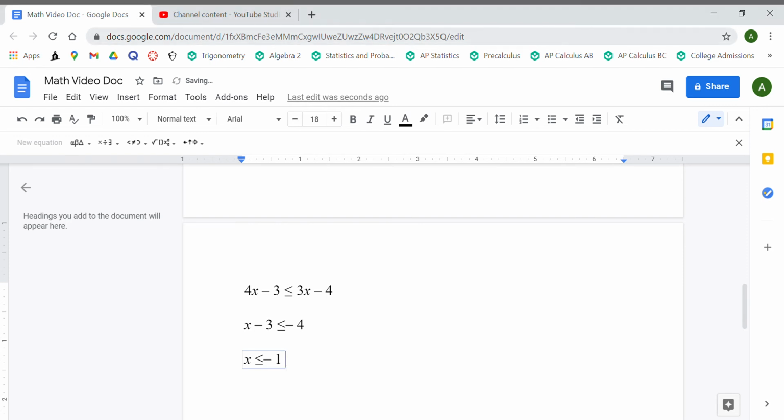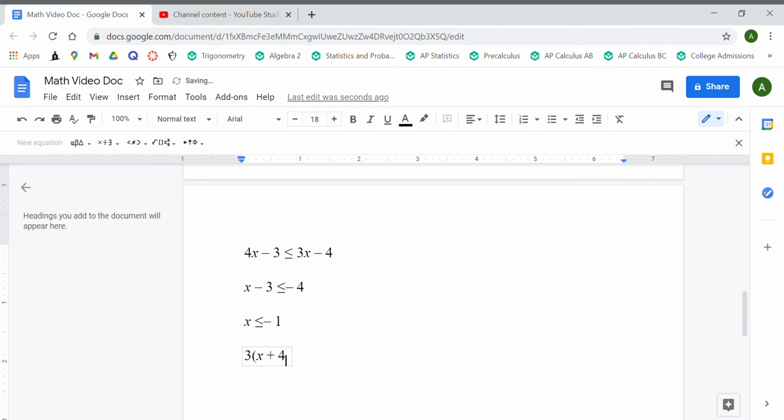Now you try. This time, we're going to make it more complex. 3 times x plus 4 is greater than negative 4 times 2x plus 5.